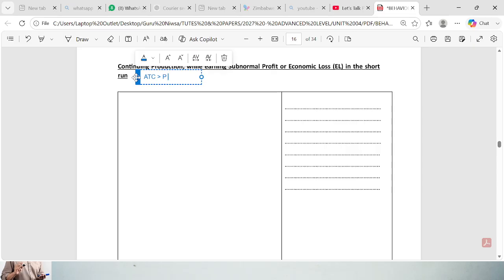What does it mean? The market price is not strong enough to cover the average total cost, but it's enough to cover the average variable cost. Price is greater than AVC, right? Losses exist anyway, because the average total cost is greater than the price.